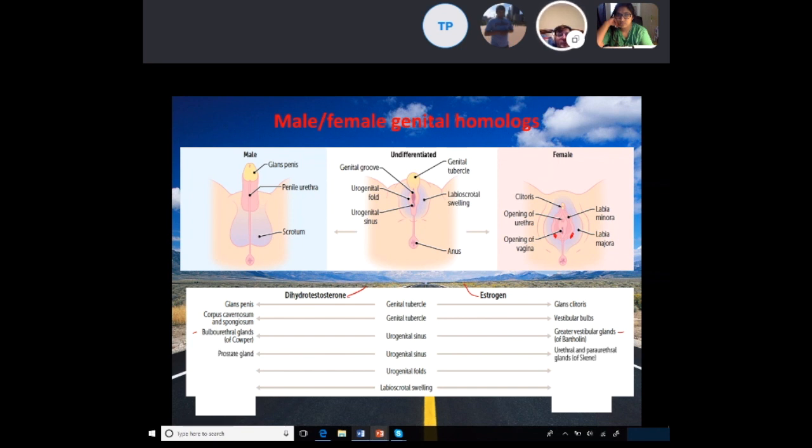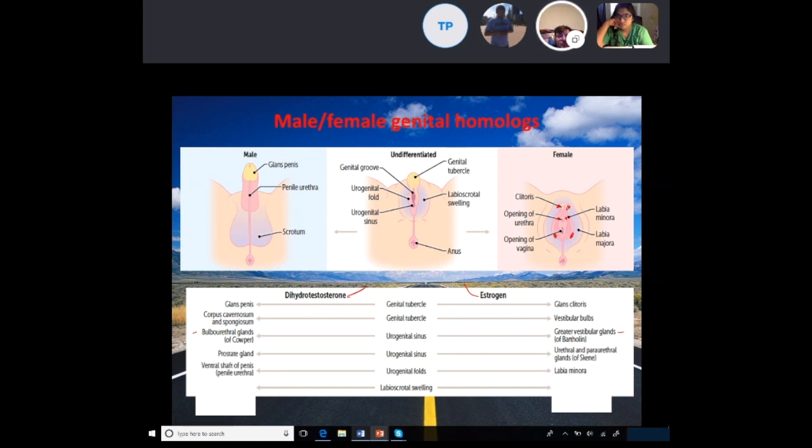So the urogenital sinus does make the prostate gland in males, and then the urethral and paraurethral glands of Skene, which I believe are typically at the opposite ends of the, oh, that's not the urethra, that's a little lower. Well, okay, so here and here.